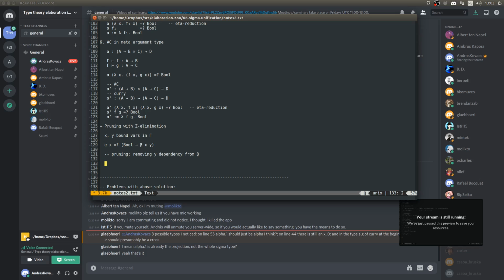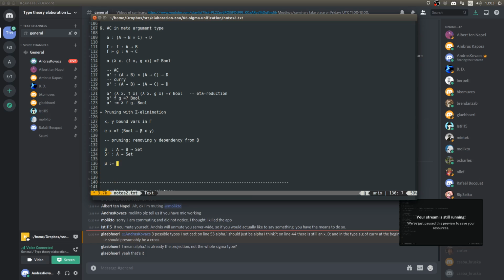And so we can act on this. So we say that if beta has type a b set, because this should be a type, then we have a beta prime which only goes from a to set. And then we solve beta to be lambda a b dot beta prime of a.